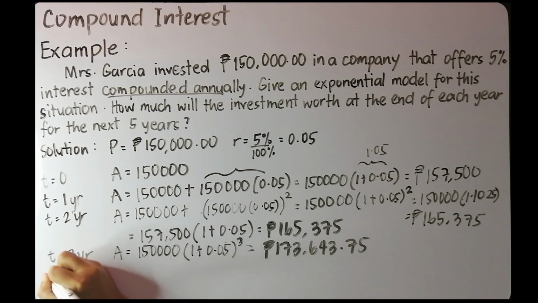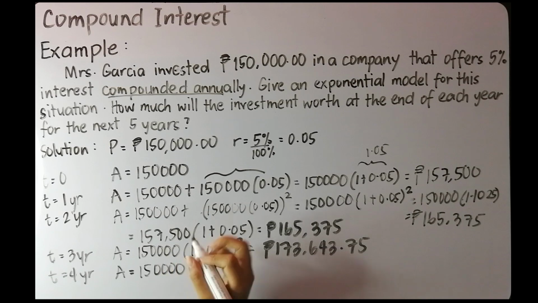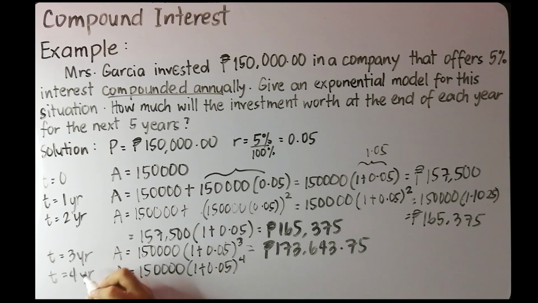For our fourth year, t equals 4, we have an amount of 150,000 times 1 plus 0.05 raised to 4, because this time we are in the fourth year.